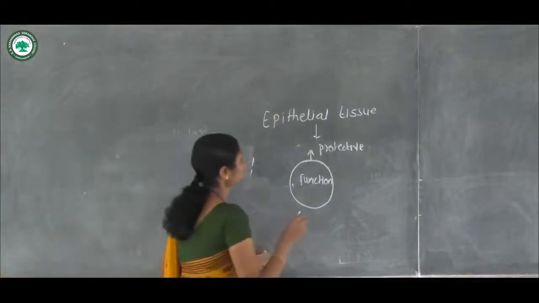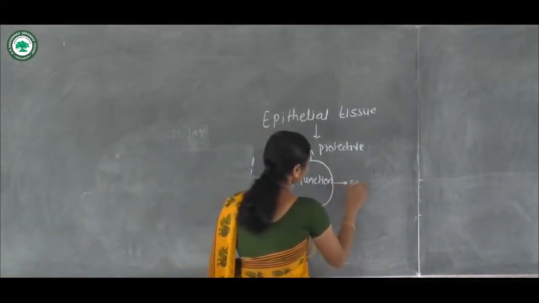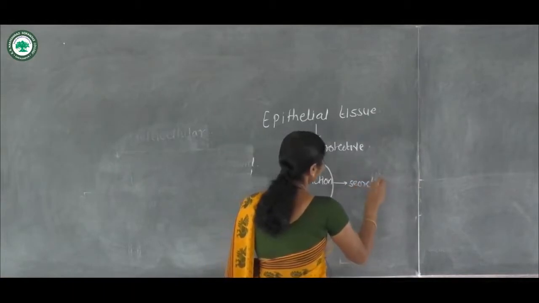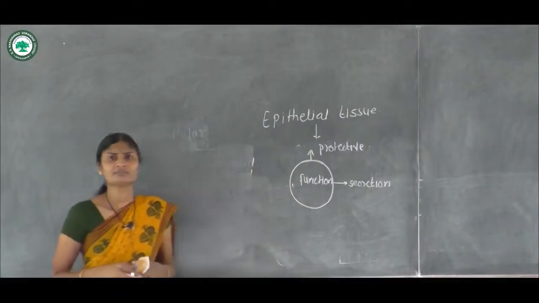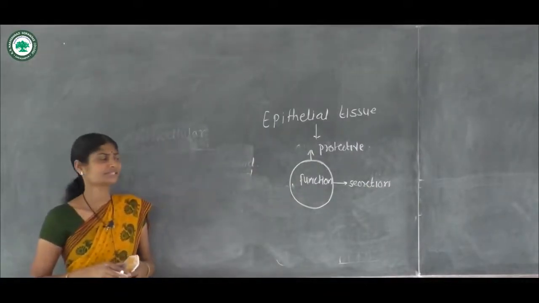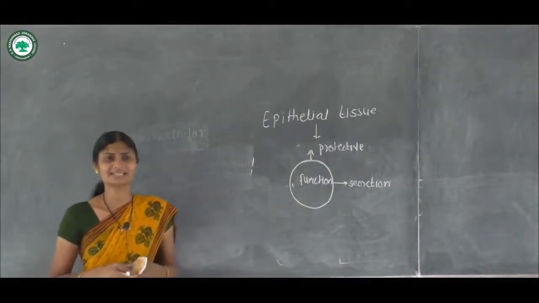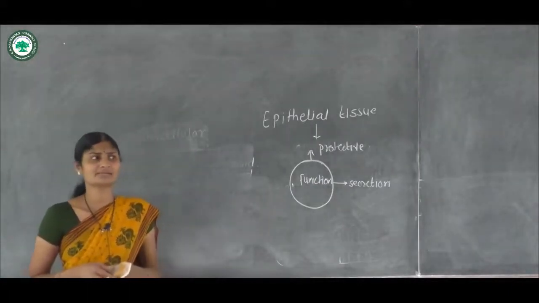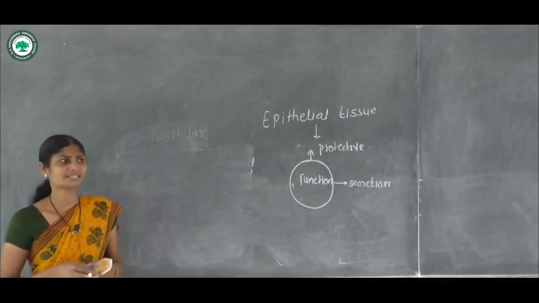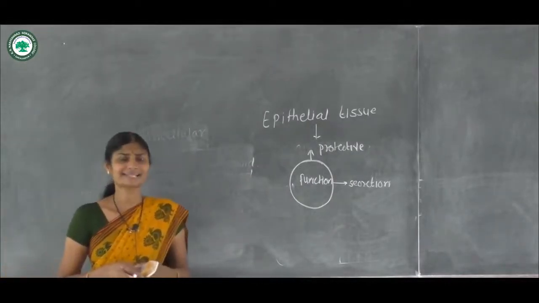Next function is secretion. These epithelial cells are secretory in function and form different gland cells: digestive gland cells, lubricative gland cells, and thermoregulatory gland cells.